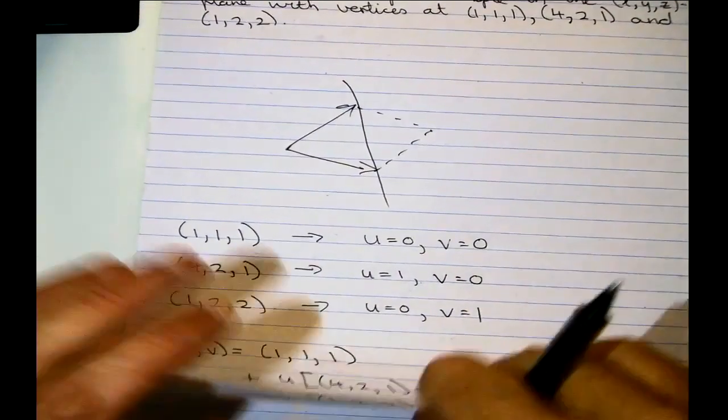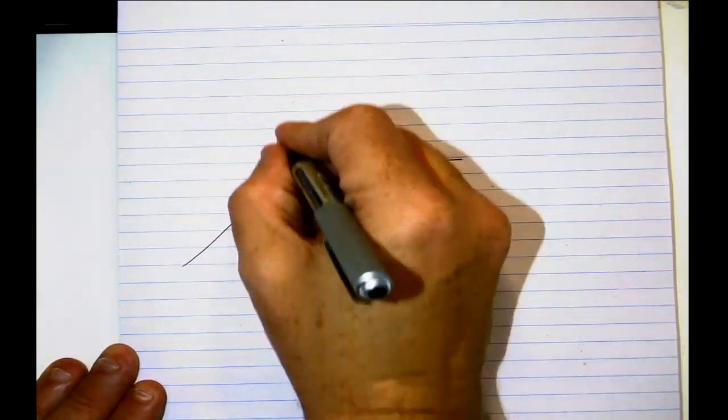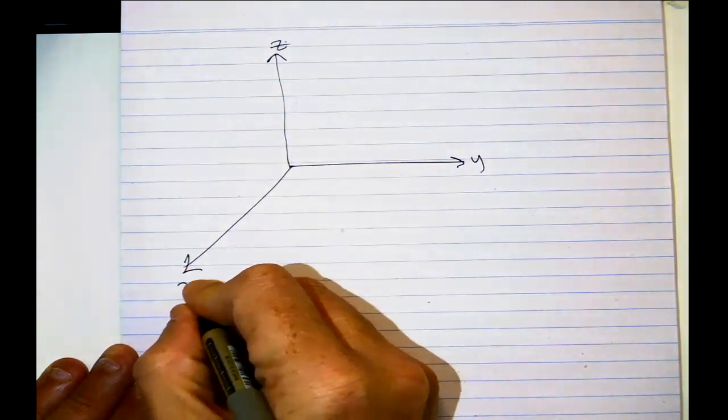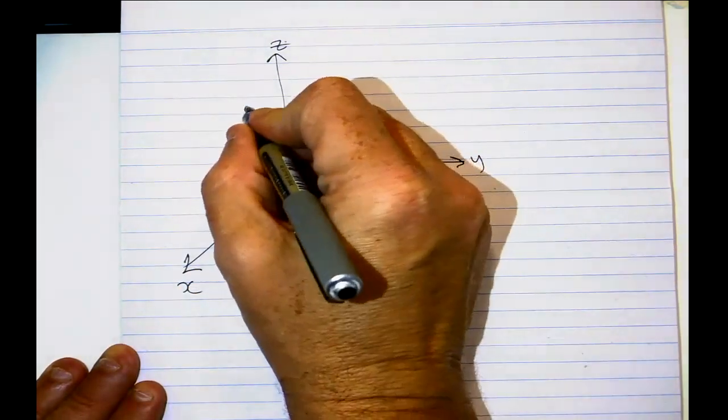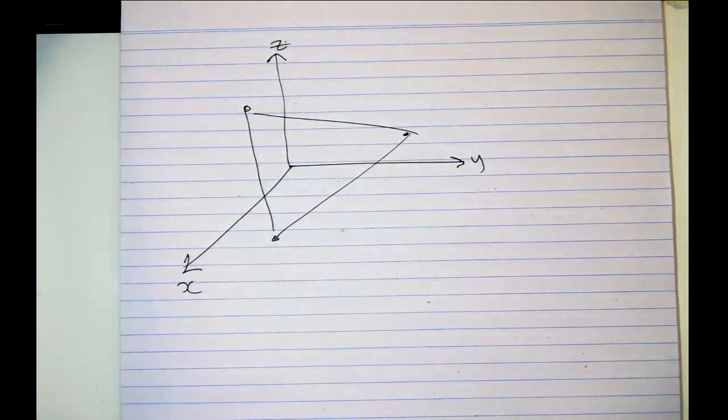Right? So essentially, what have I done? Imagine, basically, what I've come up with, this is not drawn to scale. I've got some triangle, I haven't drawn it right, but you get the idea.